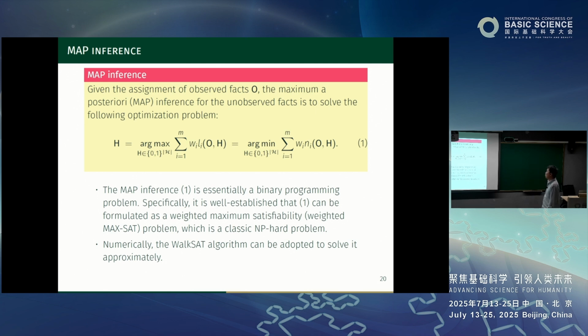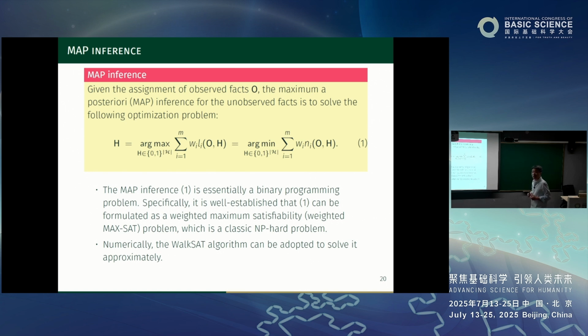And it is well established that this problem is NP-hard. Numerically, the WalkSAT algorithm is usually used to solve this kind of problem approximately.